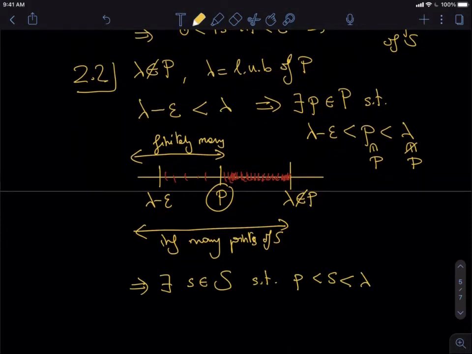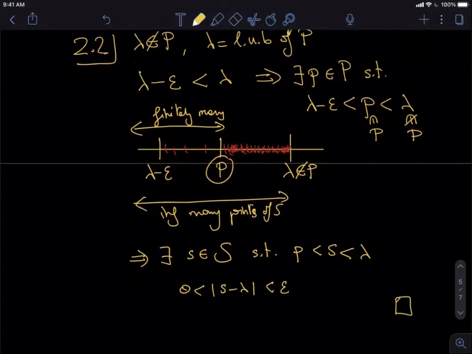And therefore, the distance between s and lambda, you can see it in the picture, the distance between our s that is somewhere here and lambda has got to be less than epsilon and bigger than 0. And that's it. This is what we wanted to prove. We get the same conclusion as before, and with this we conclude the proof of the Bolzano-Weierstrass theorem.